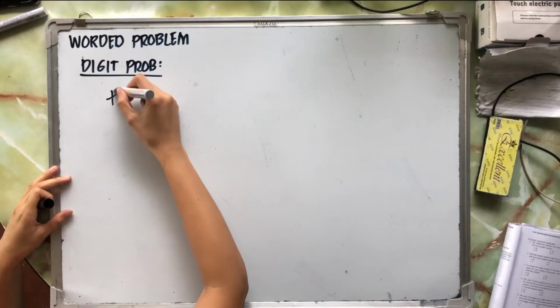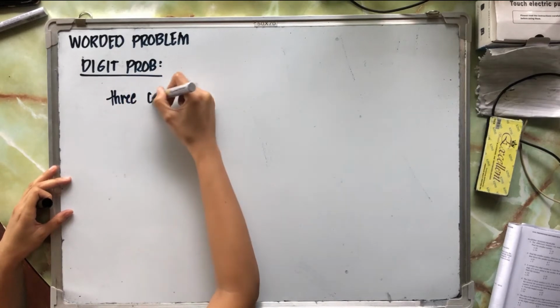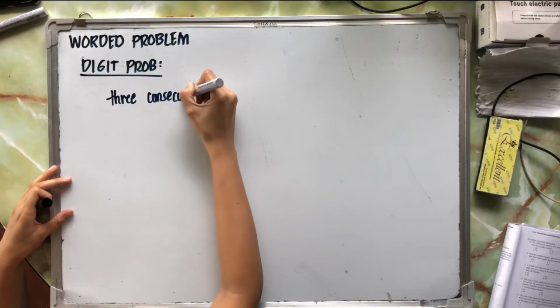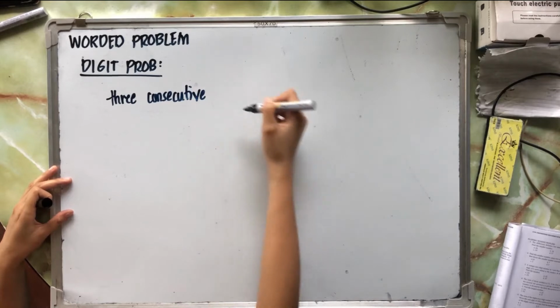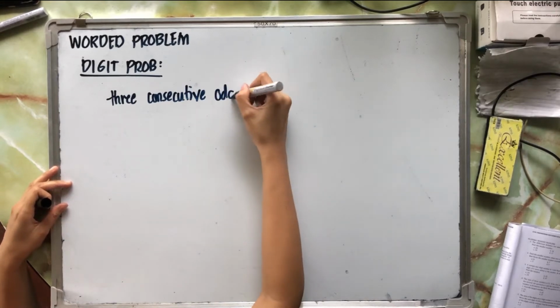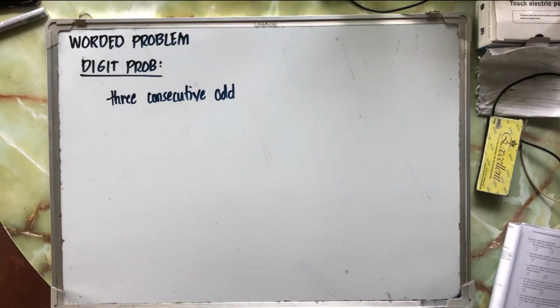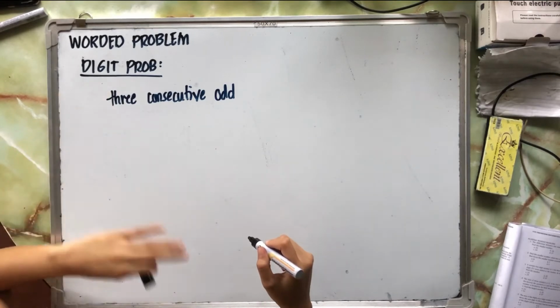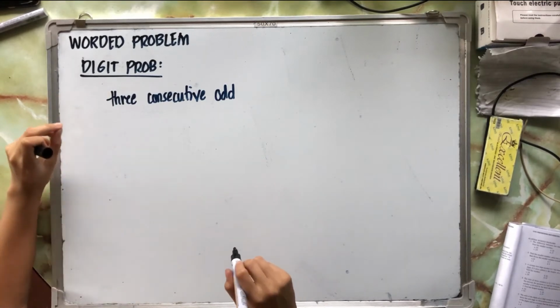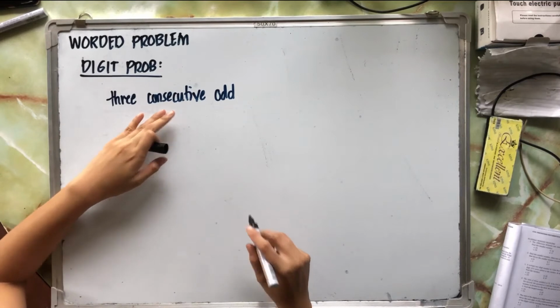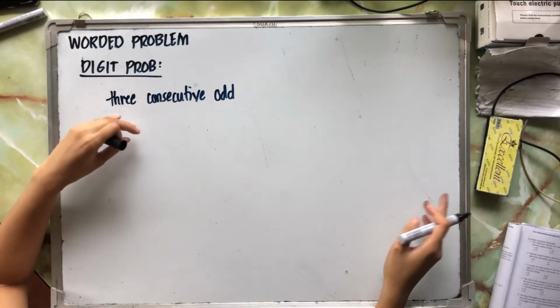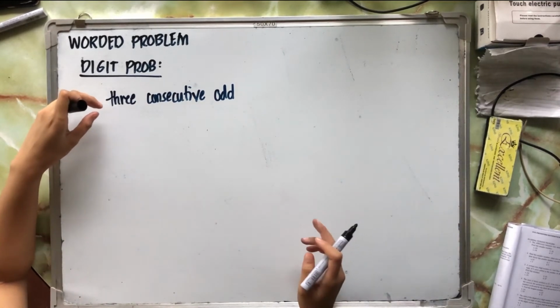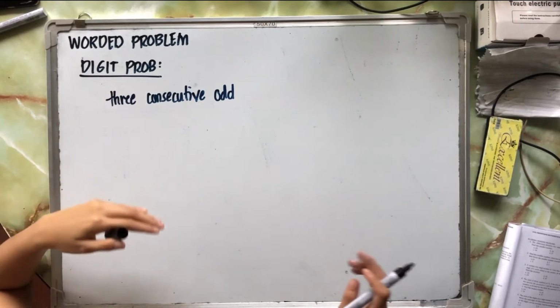So, meron siyang sinabi dito, no, na 3 consecutive odd integers. Okay? Tatlo ang hinahanap nating numbers dito. Consecutive meaning magkakasunod-sunod. So, example ng consecutive odd numbers, 5, 7, and 9.